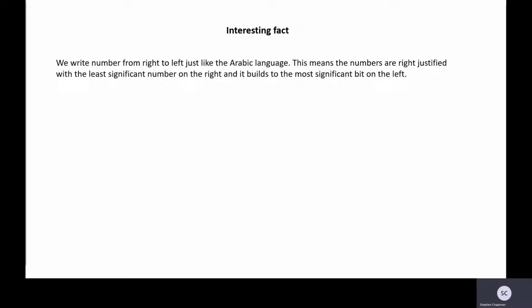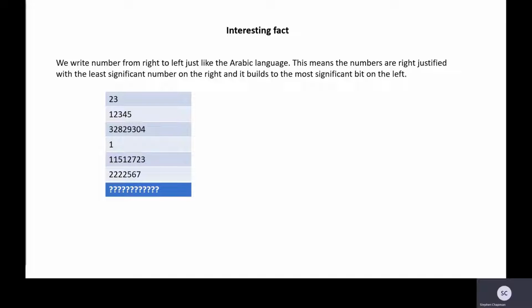Now, you say, well, I put my numbers down 1,234 and I went from the left to the right. I agree with you. Have you ever tried to count up a series of numbers that are justified to the left-hand margin and start counting from the highest down to the lowest? It doesn't work that way.